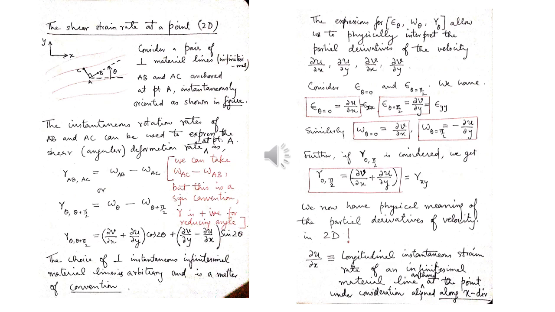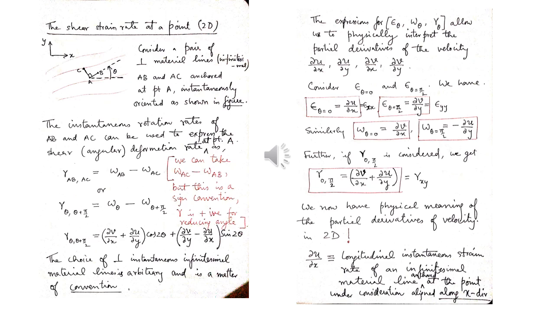Now to get the meaning of the partial derivatives del v del x and del u del y, you have to go into the expression for the instantaneous rotation rates. Again, if you consider an infinitesimal material line along x, you get its rotation rate as del v del x. And if you consider an infinitesimal material line along y, then you get its instantaneous rotation rate as minus del u del y at a given point in the two-dimensional flow field.